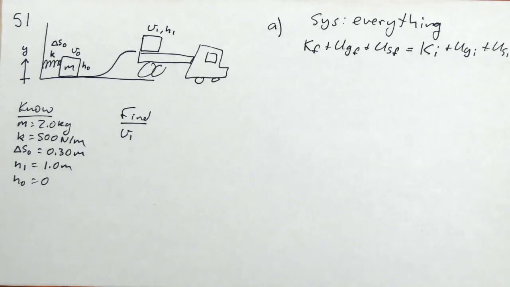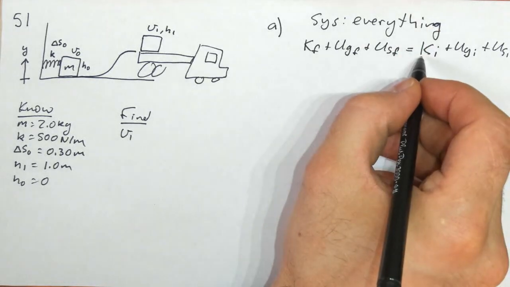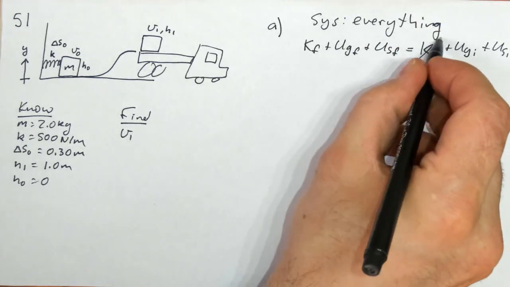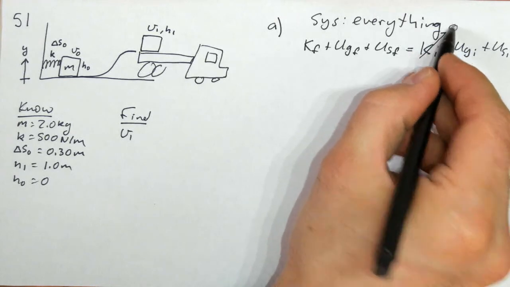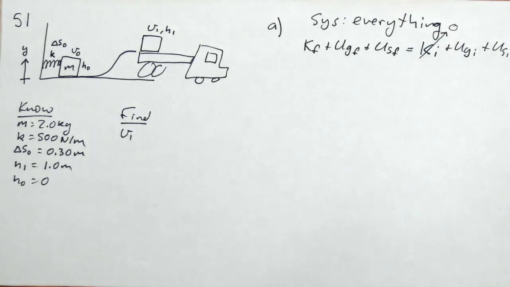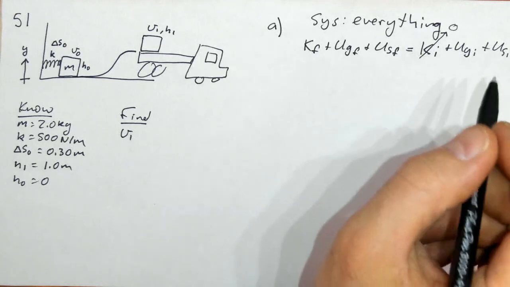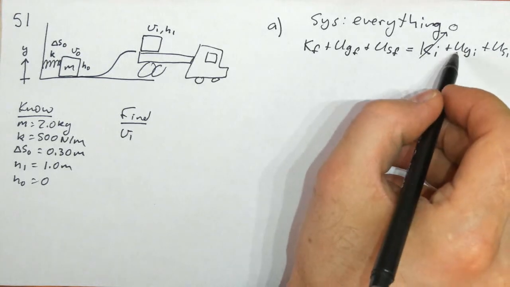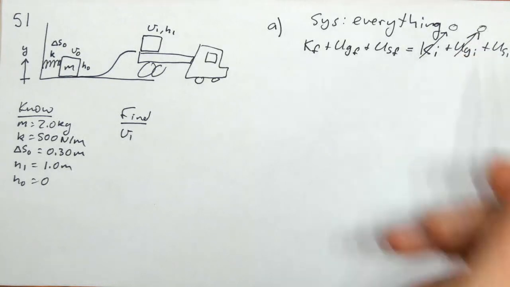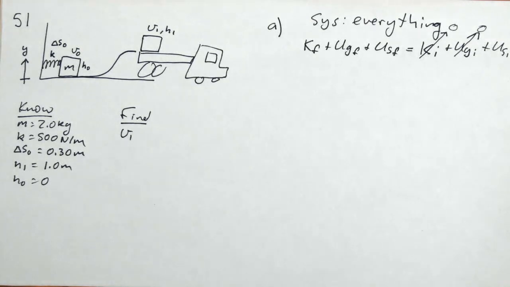Okay, so with that in mind, now I start crossing off whatever I know to be 0. The package starts at rest. The spring is compressed, but the package is at rest right when I release it. It's on the ground, and that's where my zero potential energy is, so that's 0.